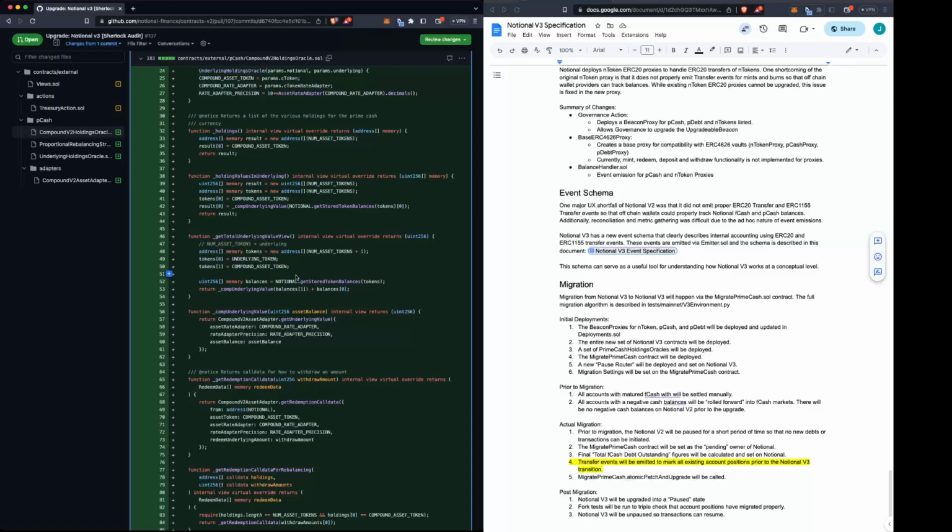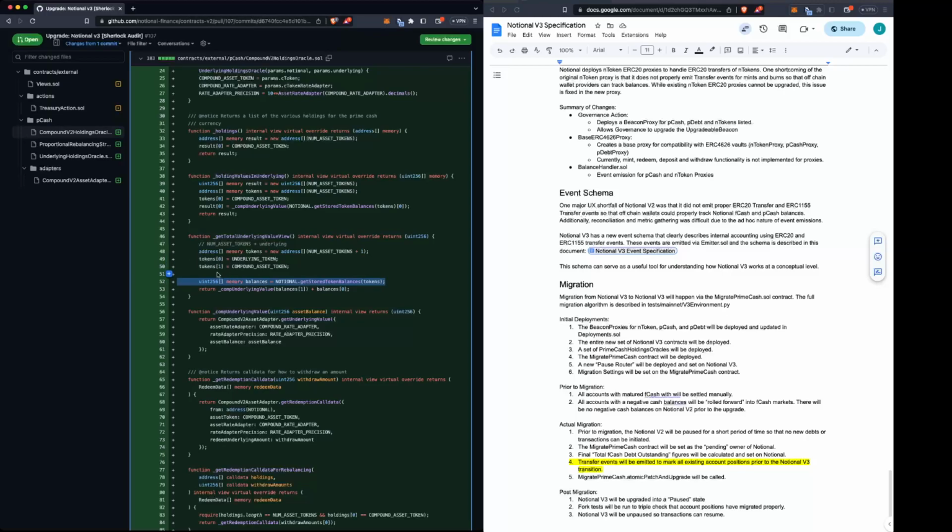You're also holding cUSDC in Compound V2. Potentially in the future, it may say you're holding Compound V3 USDC, and so on and so forth. And this is the valuation of all of those holdings added together. That's what's going to help us dictate what the prime cash supply rate is at any point in time.